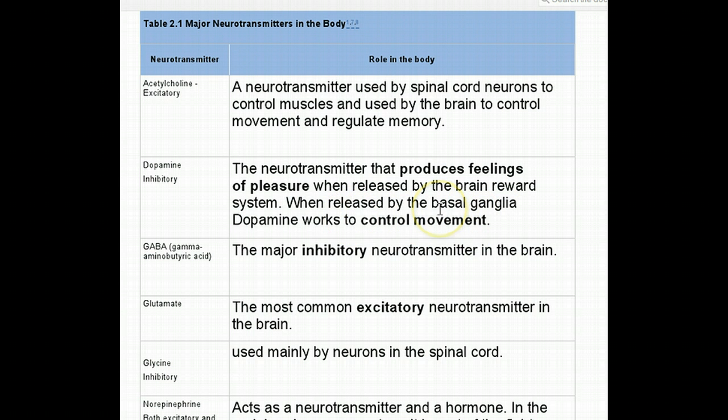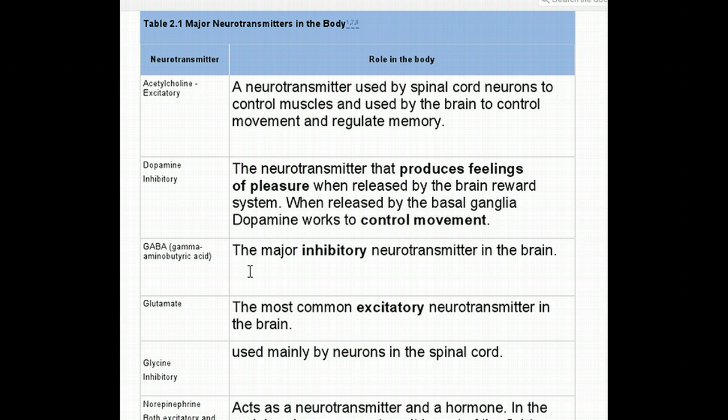Now, the major inhibitory neurotransmitter in the brain that kind of puts the brakes on the excitatory neurotransmitters is called GABA, which stands for gamma-aminobutyric acid, but you can call it GABA. Glutamate is the most common excitatory. It's a general neurotransmitter that is considered excitatory within the brain.